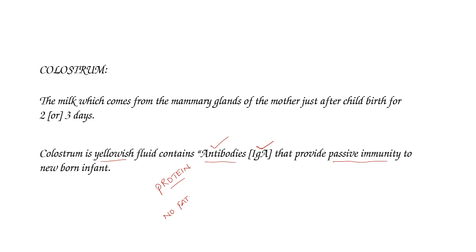So the newborn infant requires protein for muscle and tissue development, and that protein content is more in colostrum. And the most essential thing is the presence of antibodies, which are essential for passive immunity, resistance against pathogens.